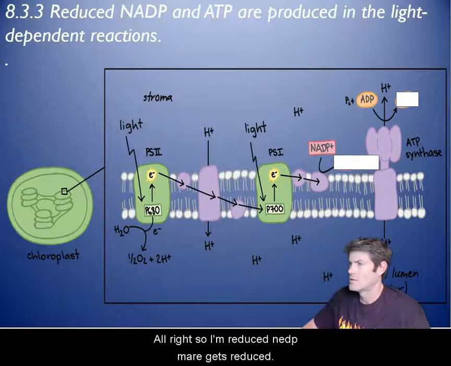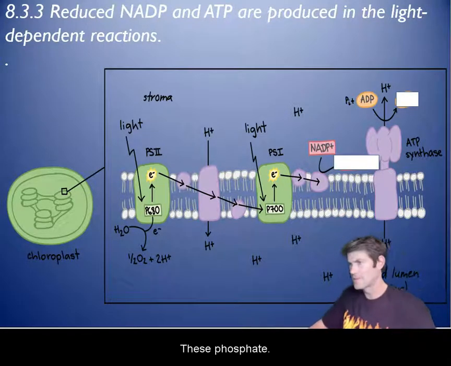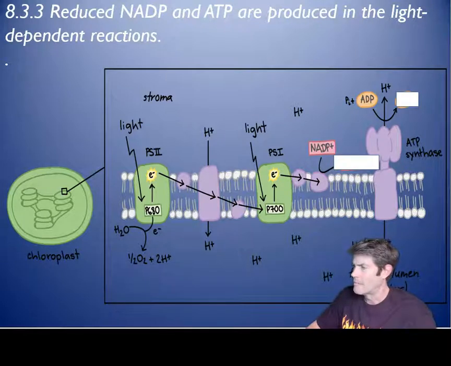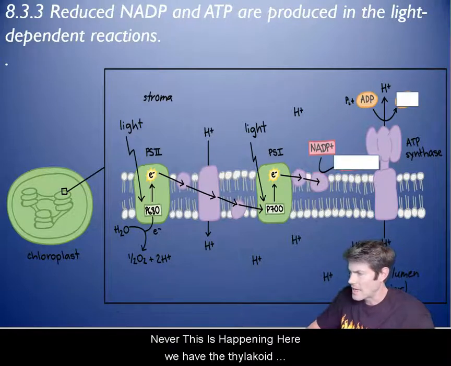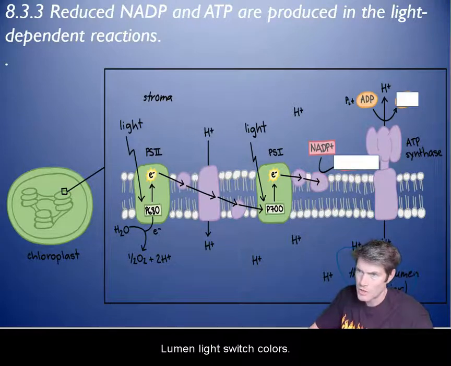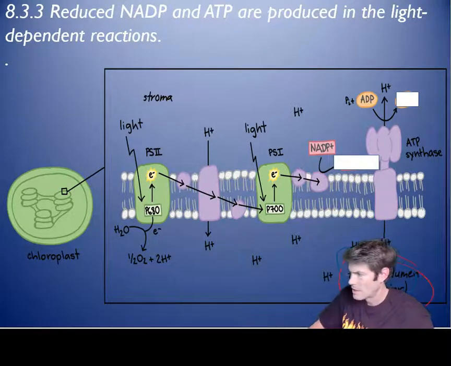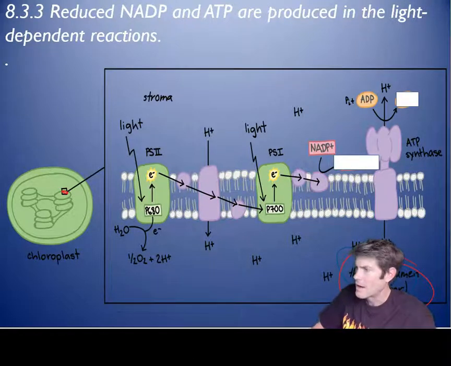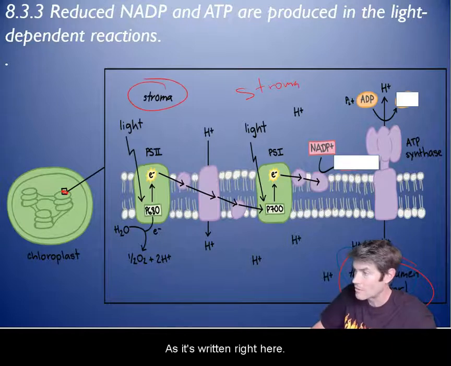All right. So reduced NADP, remember, it gets reduced. These phosphates are added, and we see here, remember this is happening, here we have the thylakoid lumen. Right along this membrane, out here is the stroma, as it's written right here.